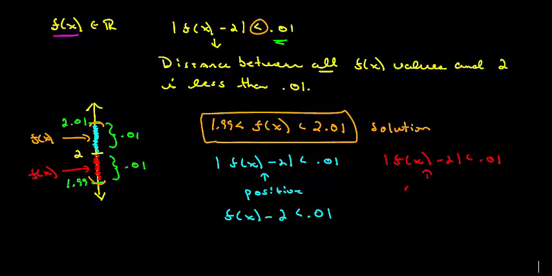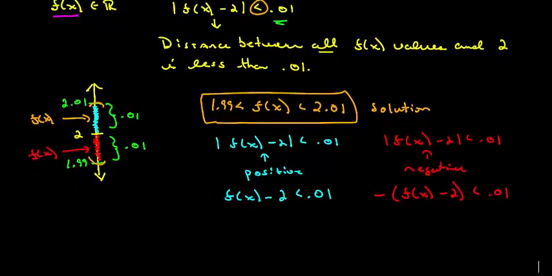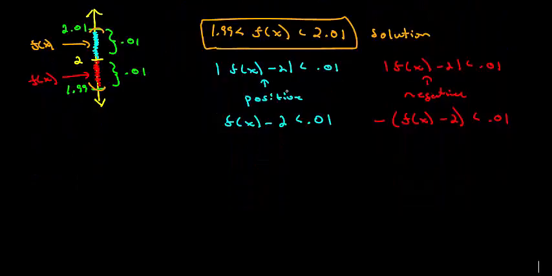If this is negative, then to get rid of the absolute values, we have to put a negative on the outside. So now we've split this into two separate cases. Case number 1, where it's positive, and case number 2, where it's negative. Now we've got to solve both of these.